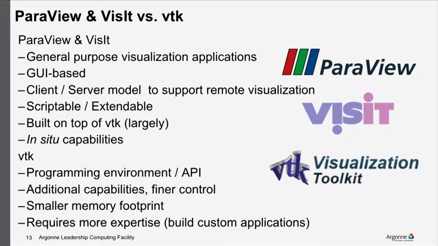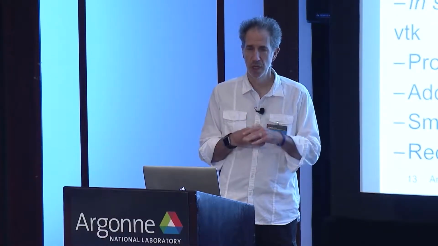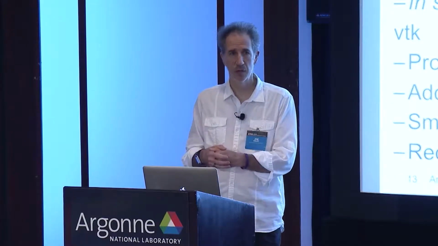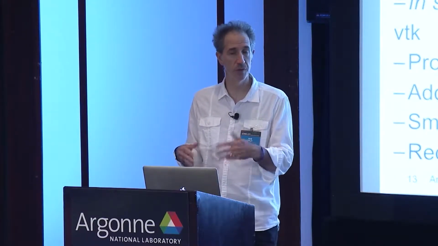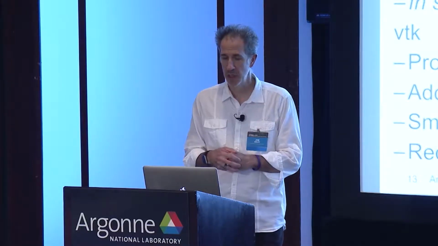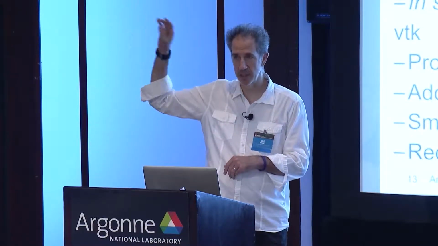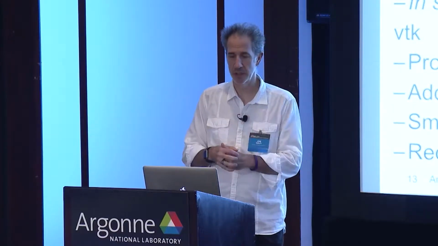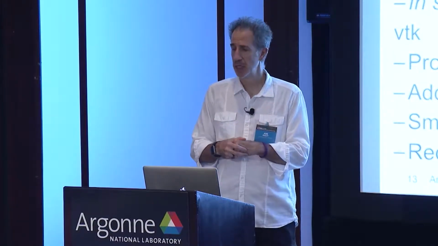So the way we generally use it on our resources is you run a server, often in parallel, on Cooley, the visualization cluster, and then you connect to that from a local client on your local resource, your laptop or workstation. So all the heavy lifting can happen on the big resource where the data lives, and then you can interact with it in real time.